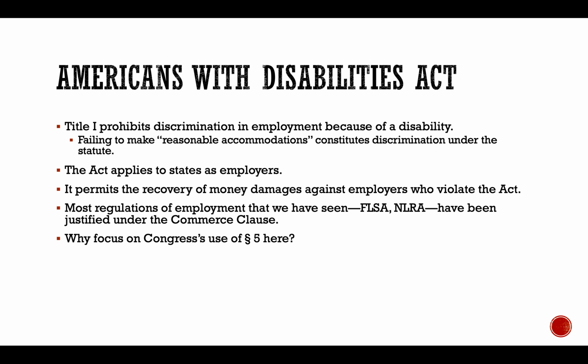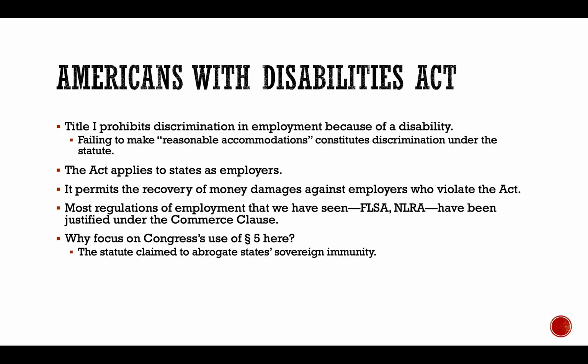Well, if you look at the statute here, and just skipping ahead a moment to the top of page 986, we see a quotation from the statute where Congress is waiving the state's sovereign immunity. So Title I says a state shall not be immune under the 11th Amendment to the Constitution of the United States from an action in a federal or state court of competent jurisdiction for violation of this chapter.